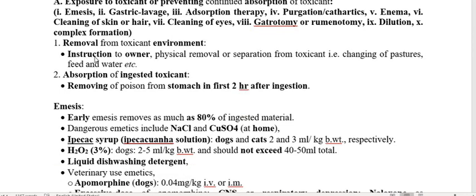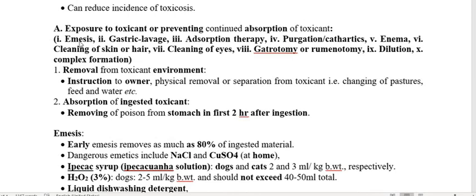For that, we first go through the protocol of emesis. We use a drug that will produce vomiting, so that the content present in the gastrointestinal tract is removed. In the next stage, if emesis cannot be performed in some poisoned animals, then we go through the second protocol to check the absorption of toxicant, which is gastric lavage.